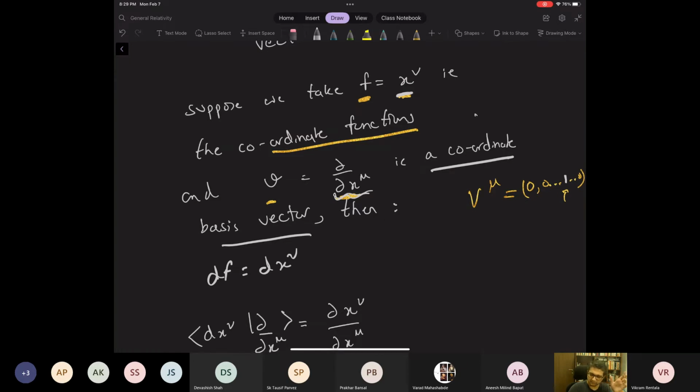Again, remember that this is just a symbol. It doesn't mean the differential of x nu. It's just a symbol telling me which dual vector to pick.